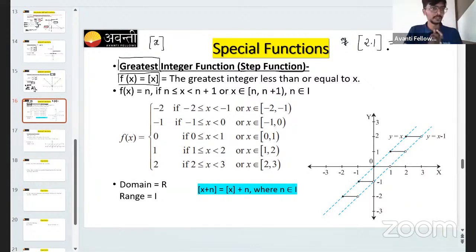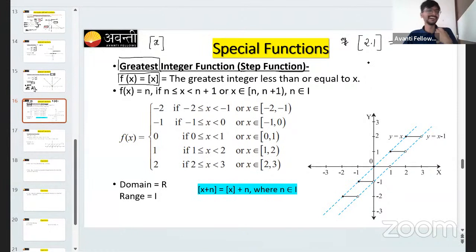My output will be an integer. But let's see what integer I'll get. It will be the greatest integer which is less than or equal to the input. Hear me again: output will be the greatest integer which is less than or equal to the input.